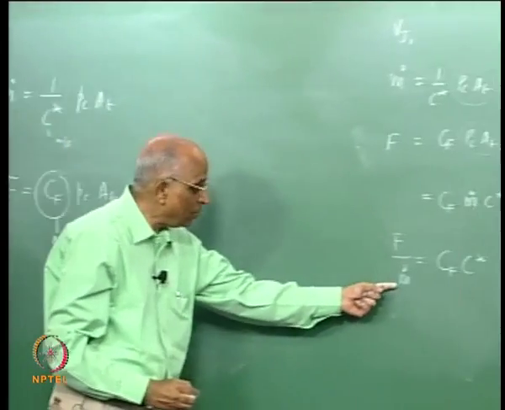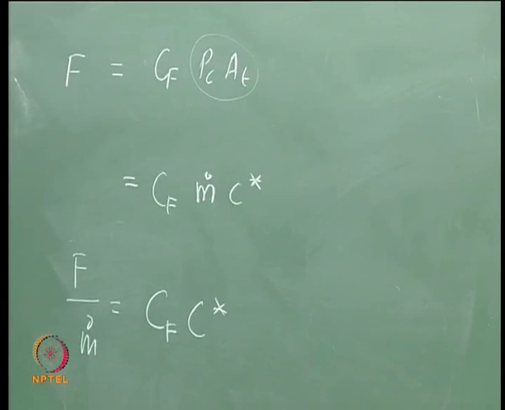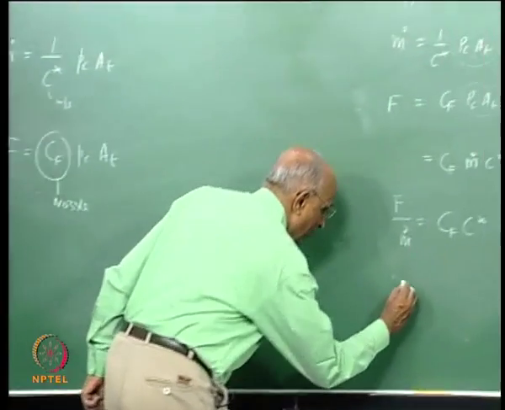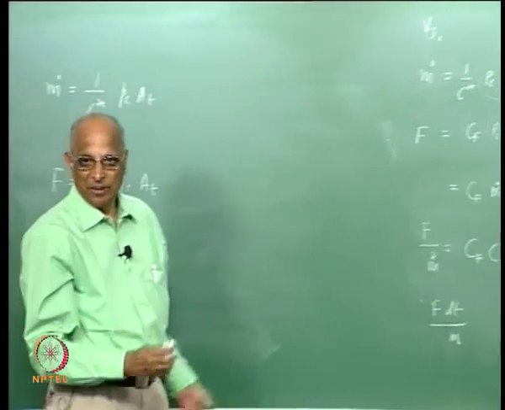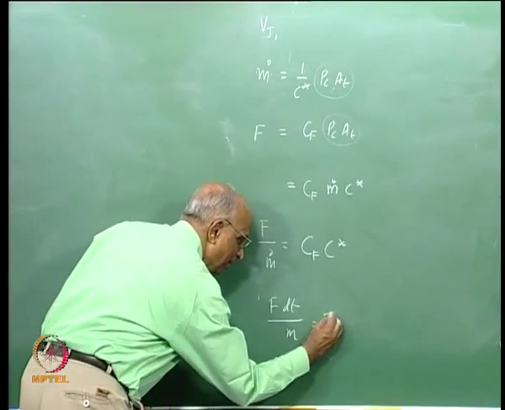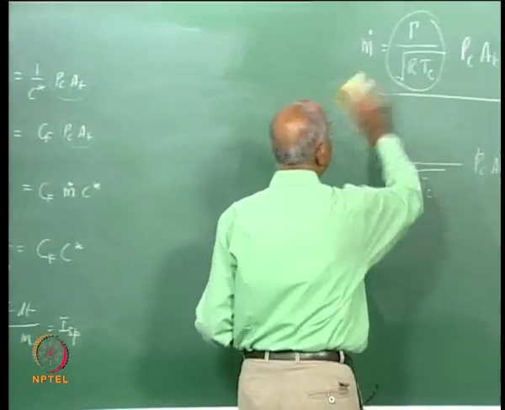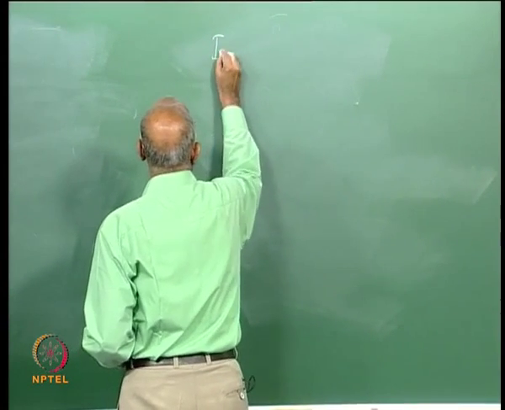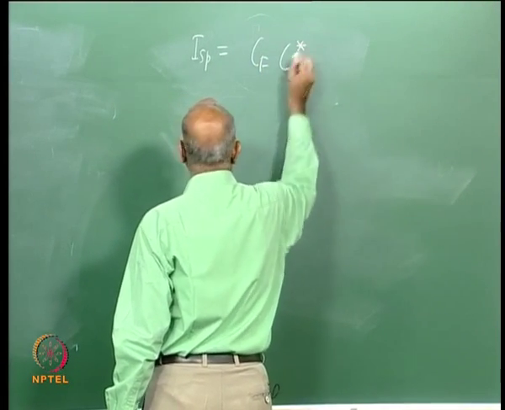And what is F divided by m dot? What is the thrust per unit mass flow rate? That is, we are talking of F dt, impulse, divided by mass of the propellant which is there. Impulse per unit mass is specific impulse Isp, or rather, what we have got is Isp is equal to thrust coefficient into C star.